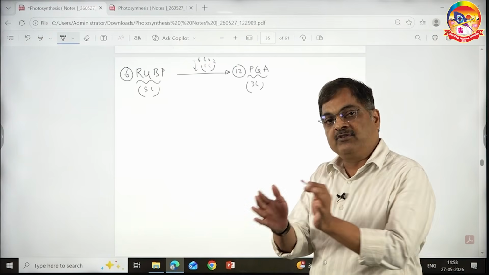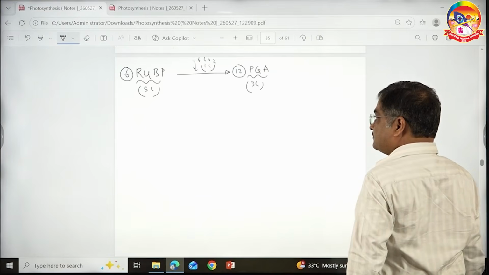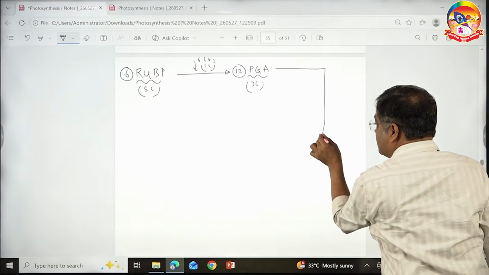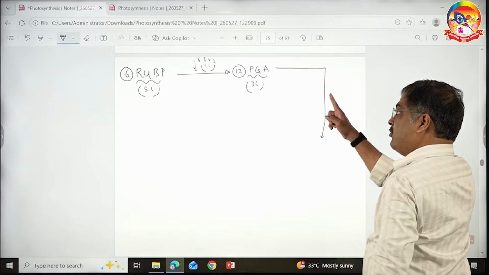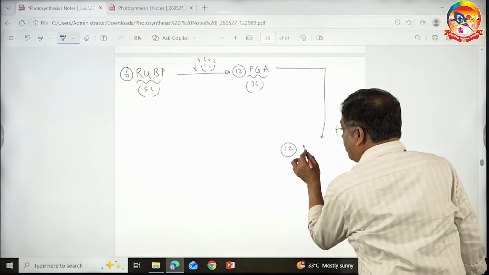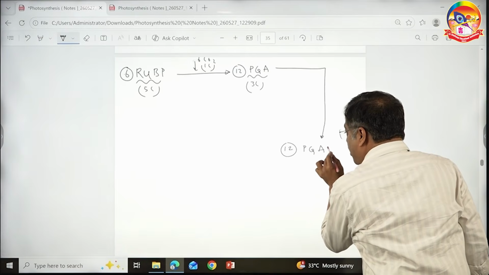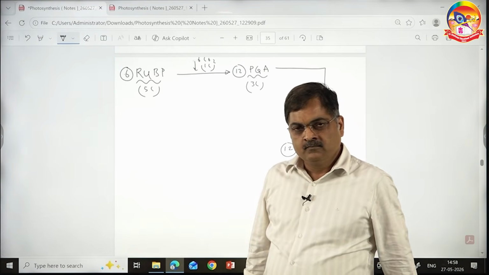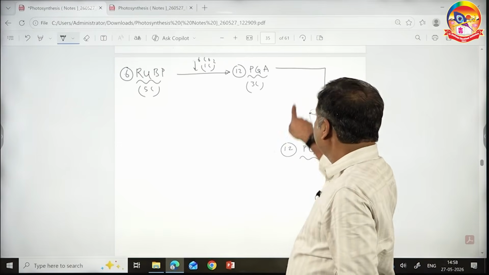Now let us talk about the next phase, the reduction phase. What I do: these 12 molecules of PGA, I convert to 12 molecules of phosphoglyceraldehyde. What did you study in your chemistry?